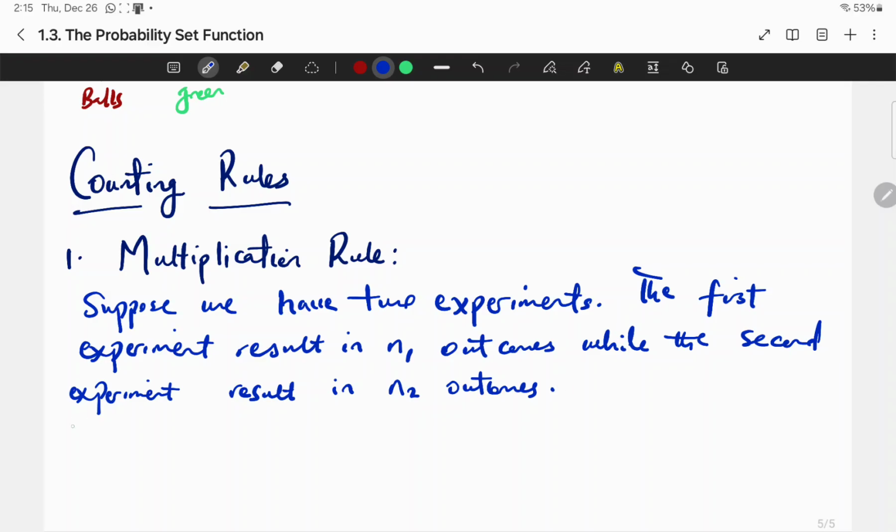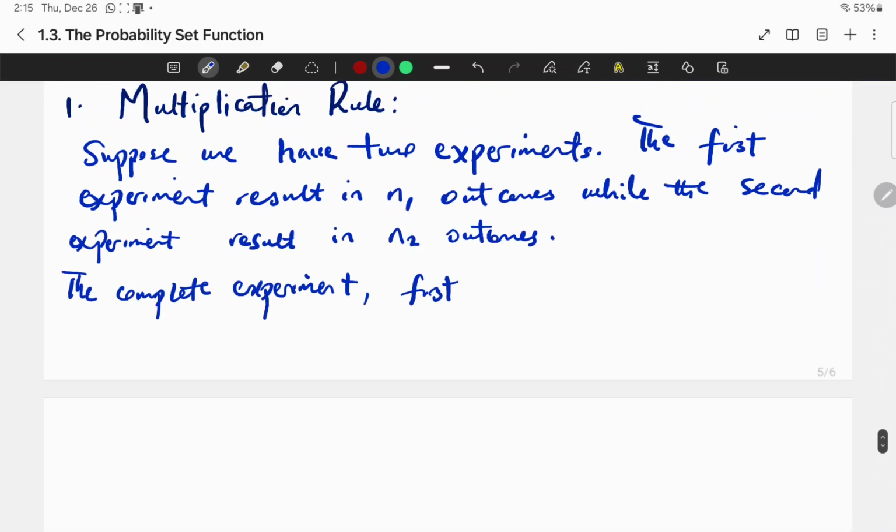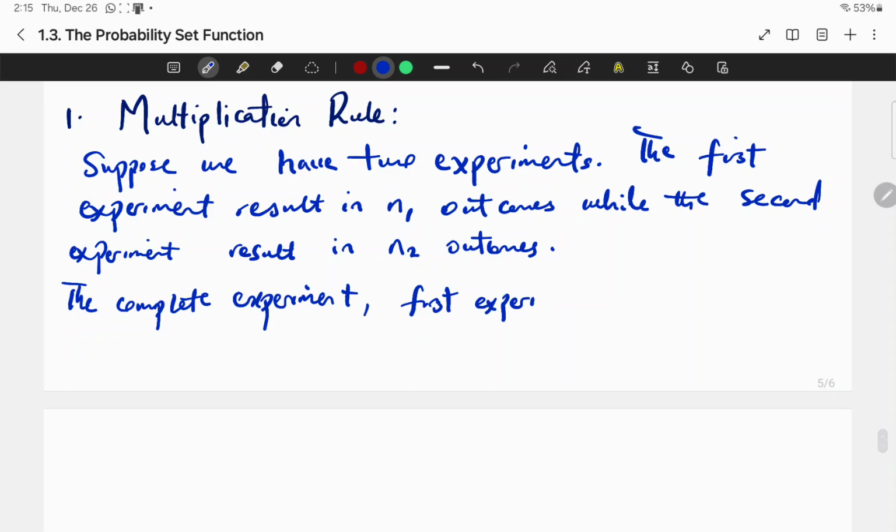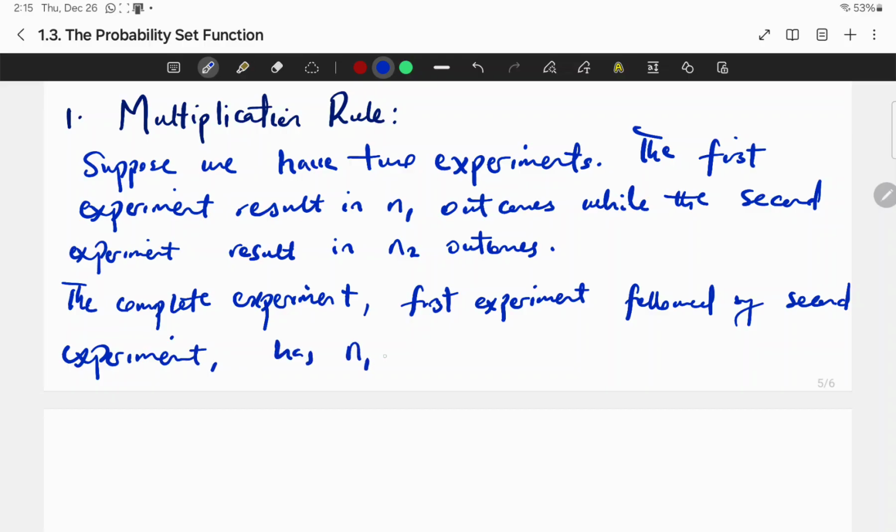So the complete experiment, the first experiment followed by the second experiment, has n1 times n2 outcomes.